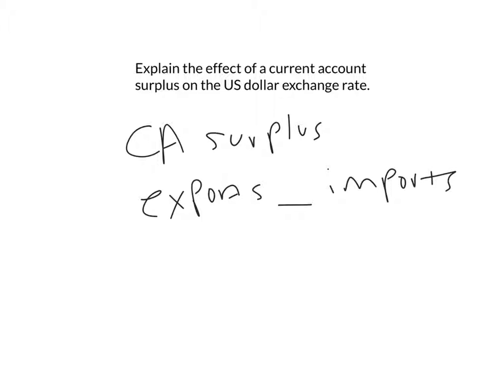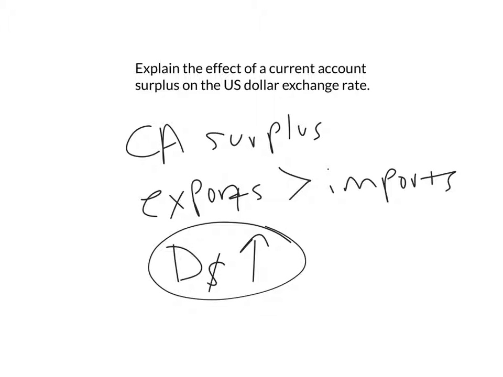With a current account surplus, there's more money coming into the country, meaning there are greater exports than imports. When exports are greater than imports, the demand for the US dollar is high and increasing because foreigners are going to need US dollars to get US exports. And so that's another way that the AP exam likes to ask questions, putting together the balance of payments and the foreign exchange markets.